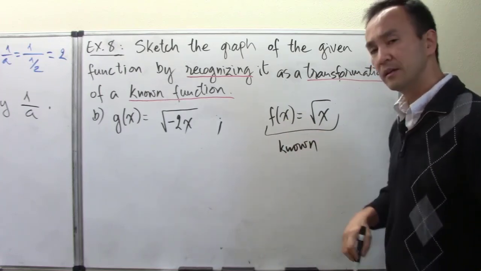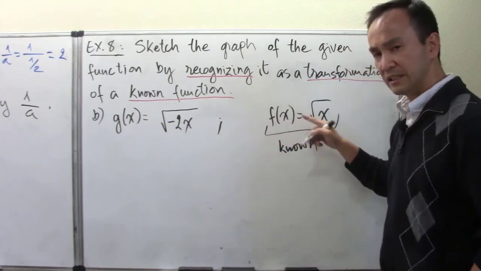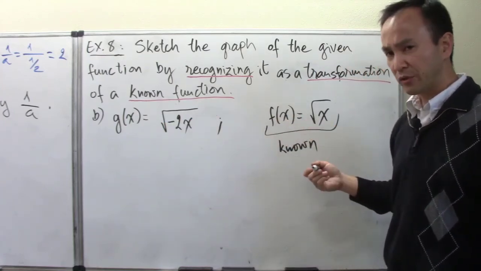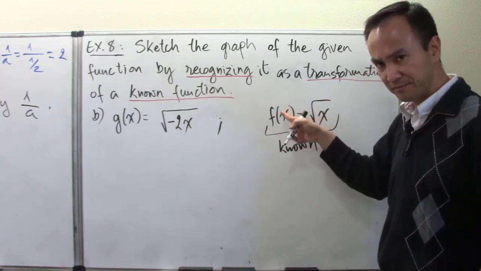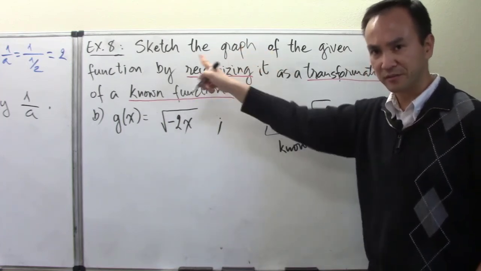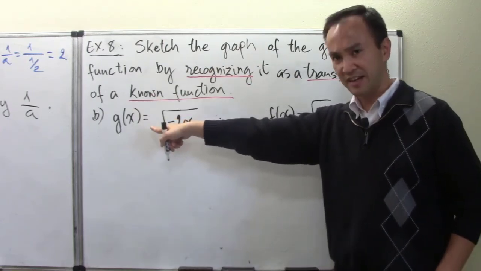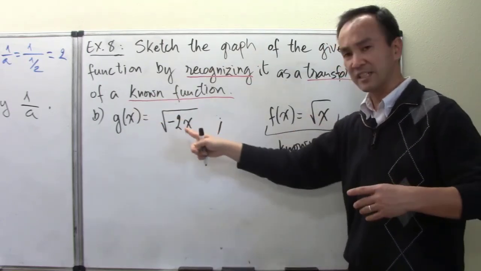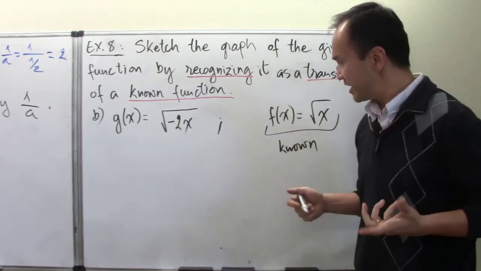But how do I recognize the relationship between g of x and f of x? Once we recognize that relationship, we can legally say that this known function is the parent function, where this g of x is going to be a descendant that came out as a transformation of this function.